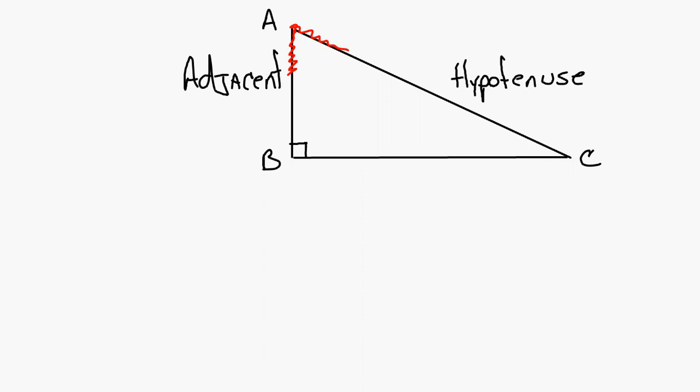That side is adjacent to angle A. The hypotenuse is also next to angle A, but the hypotenuse is always the hypotenuse. Okay? So side BC in relation to angle A is called opposite. Everybody see that?